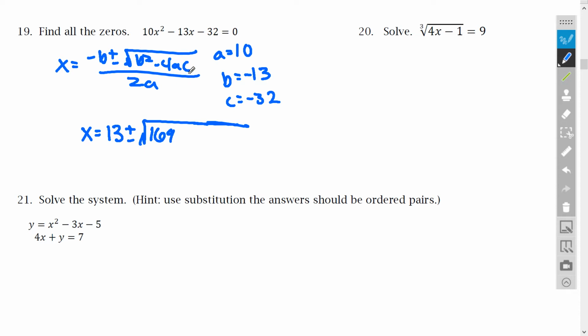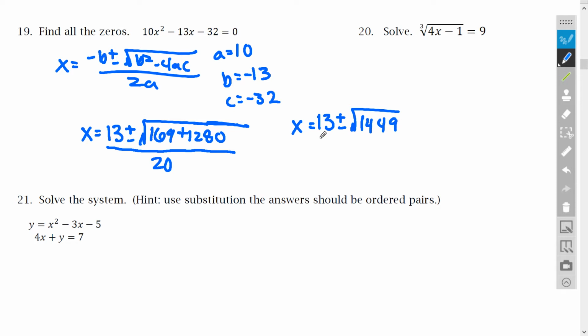I'll actually be adding it because that's a negative 4 and a negative 32. So that's plus 1280, and that's all over 2 times a, and a is 10, so that's all over 20. Okay, so I will simplify this. So x equals 13 plus or minus the square root of 169 plus 1280, so that's 1449, all over 20.